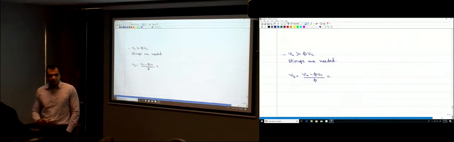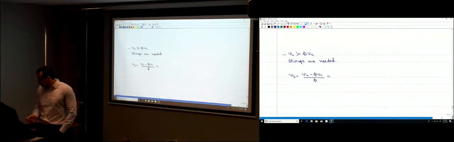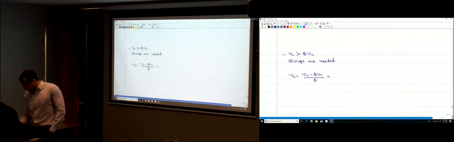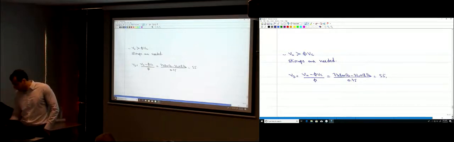So that's the amount of shear force that should be resisted by the stirrups. Here we have 73,800 pounds minus 32,018 pounds. I'm changing everything to pounds here. And divided by phi, which is 0.75. So the shear force resisted by the stirrups should be 55,709 pounds.